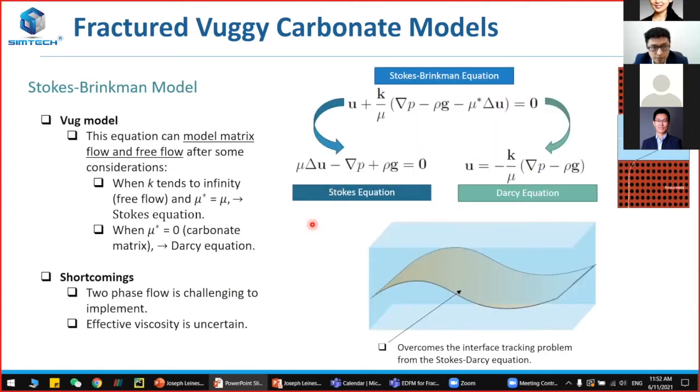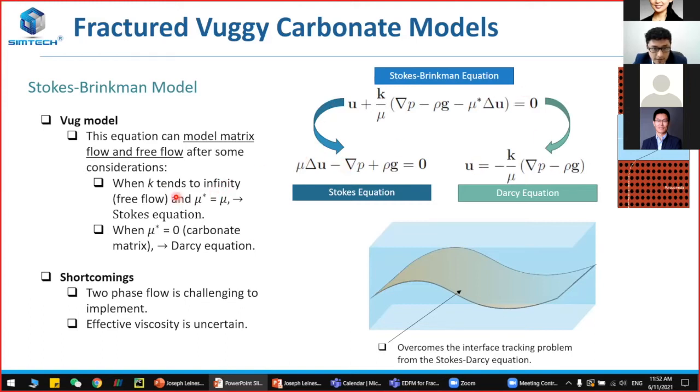Now let's talk about the Stokes-Brinkman model. This model tries to simplify the complexities of the Darcy-Stokes model. So here, what Brinkman did was to come up with this equation, let's call it the model equation. But after performing certain simplifications to the system, we can arrive at two equations.